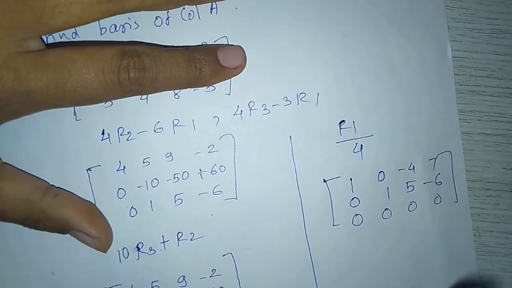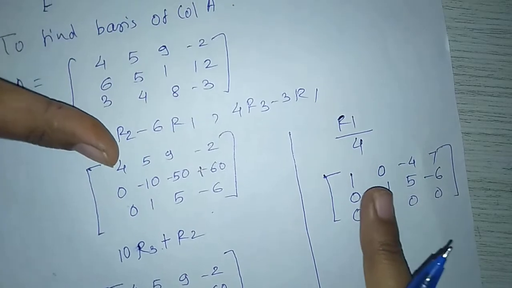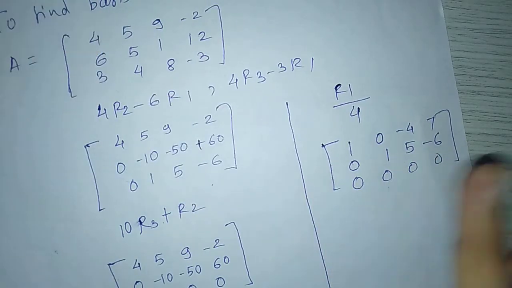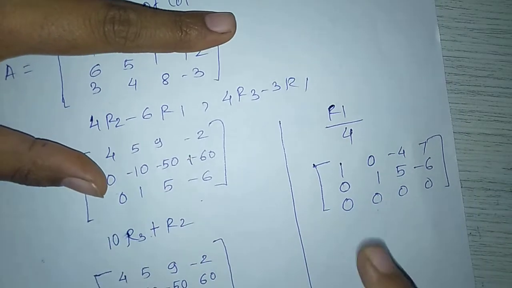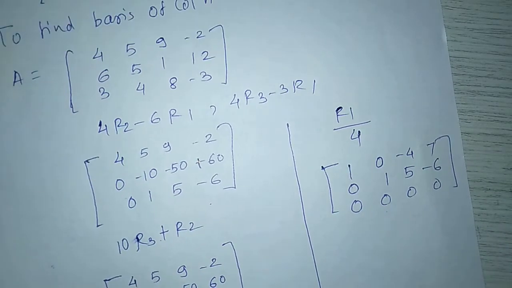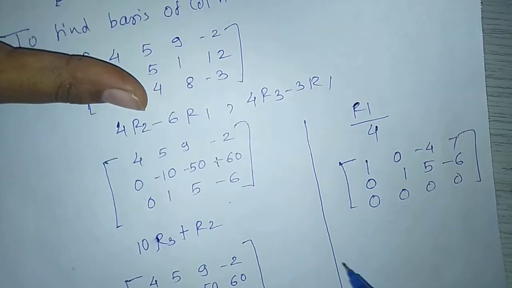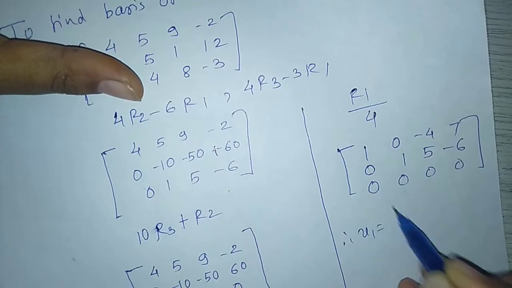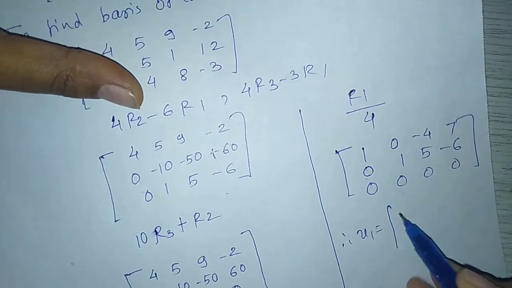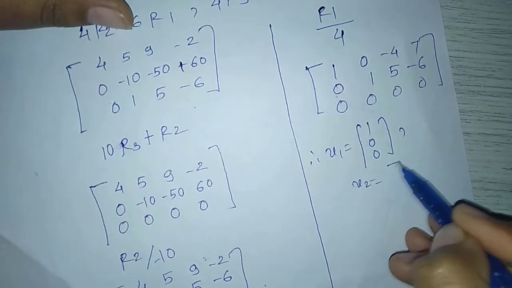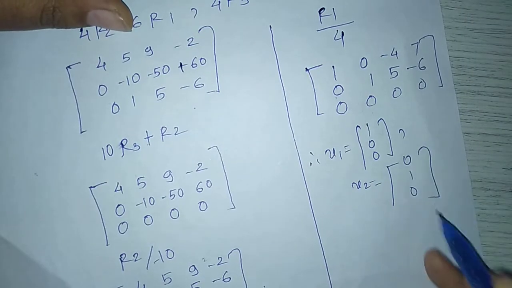Now, pivot entries are in first and second rows and their corresponding columns are first and second. The pivot columns of the original matrix are nothing but the basis of column space of A. Therefore, v1 equal to the first pivot column and v2 the second pivot column.